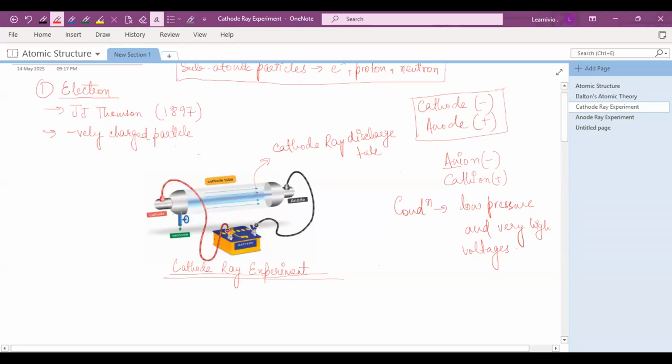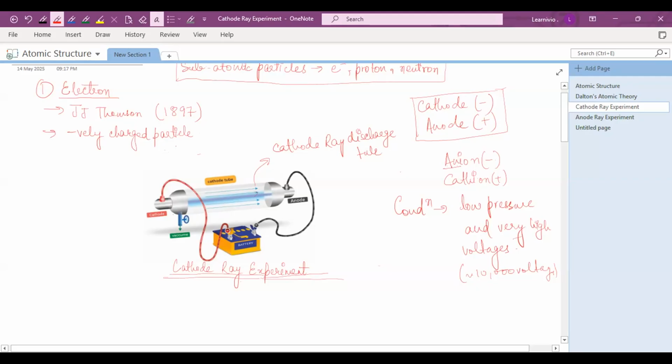Clear? Now what he did, he just passed high voltage. High voltage was approx 10,000 volt. So when the high voltage of 10,000 volt is applied across these two electrodes, what happens?